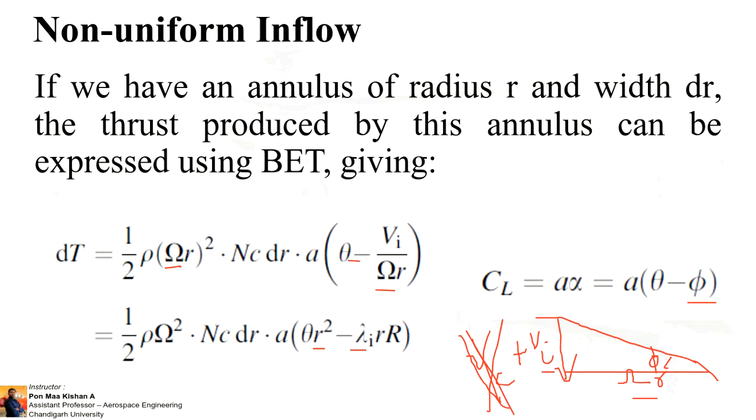Here again we will get r square, and this r square and this r will get cancelled. So r multiplied by Vi by omega will be there. In blade element theory, we have seen that r multiplied by Vi by omega can be equal to lambda i multiplied by capital R.